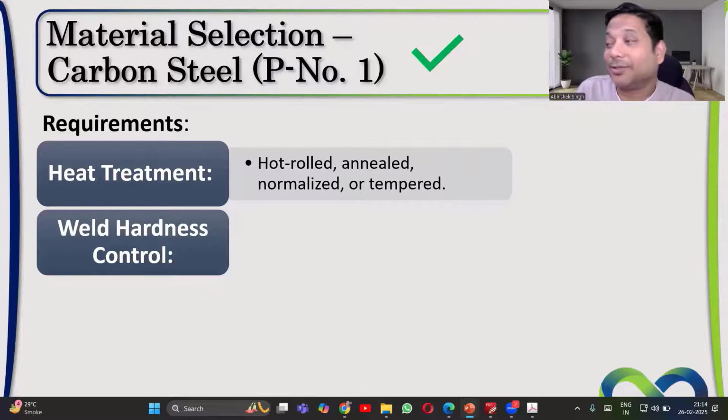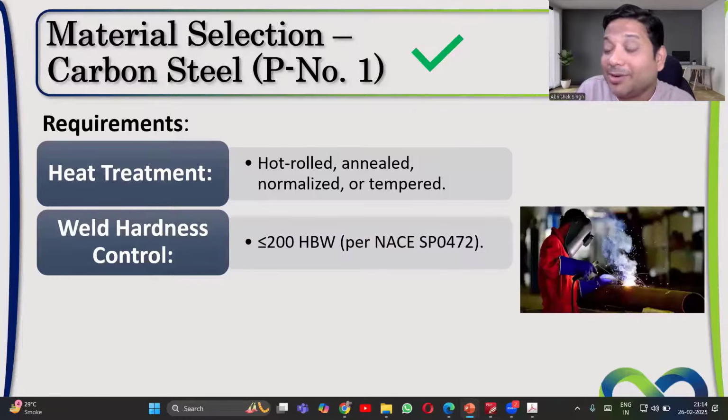The code does not directly ask you to go to PWHT. The code says that if you are able to limit the hardness below 200 HBW, that is close to 22 HRC, a little less than that. MR0175 gives 22 HRC, which most of you are quoting. 103 gives it in HBW. I don't know why they are using different terms, maybe because if you convert 200 HBW, it becomes a little lower than 22 HRC.